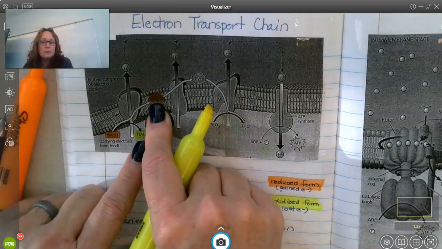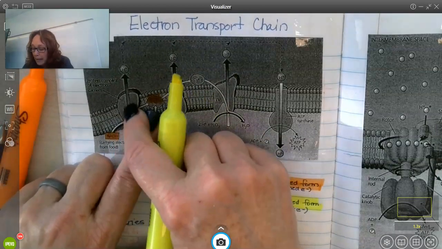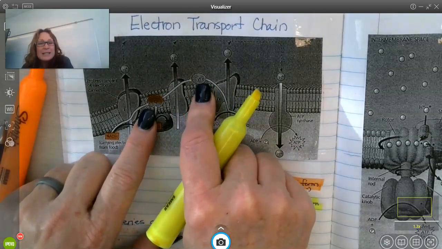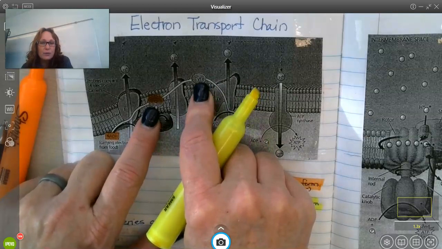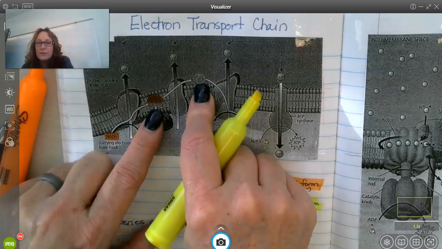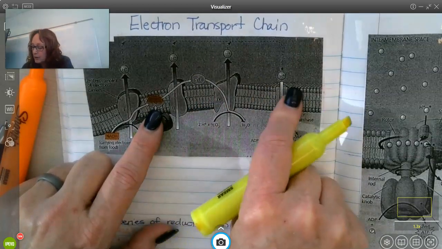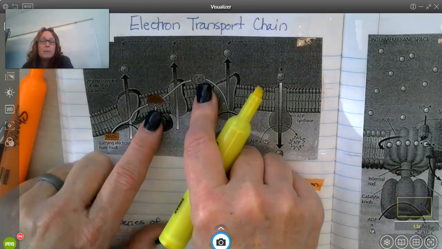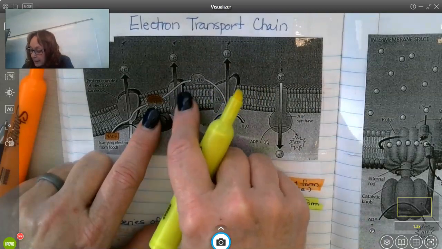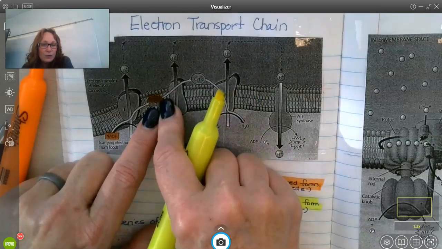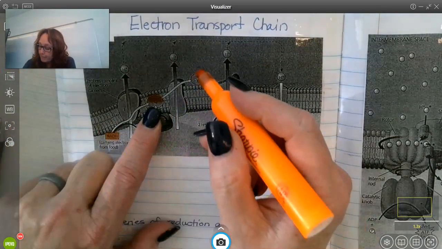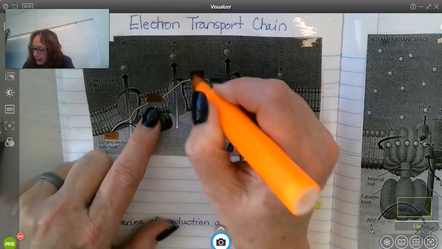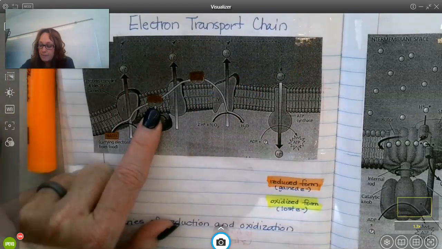Q does. So Q, as Q can move throughout this bilayer, cytochrome C is not hydrophobic. It's hydrophilic. It's associated with just this outer face of the membrane. So it's going to take the electrons from Q. So thanks Q, no problem cytochrome C. Thanks for taking them.